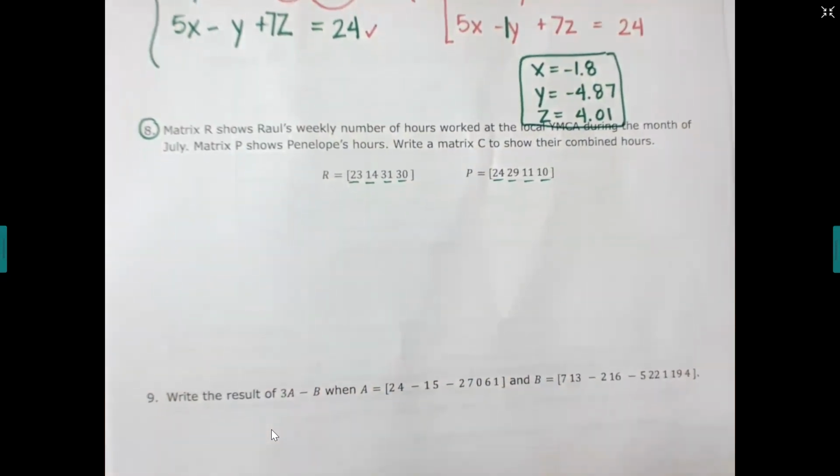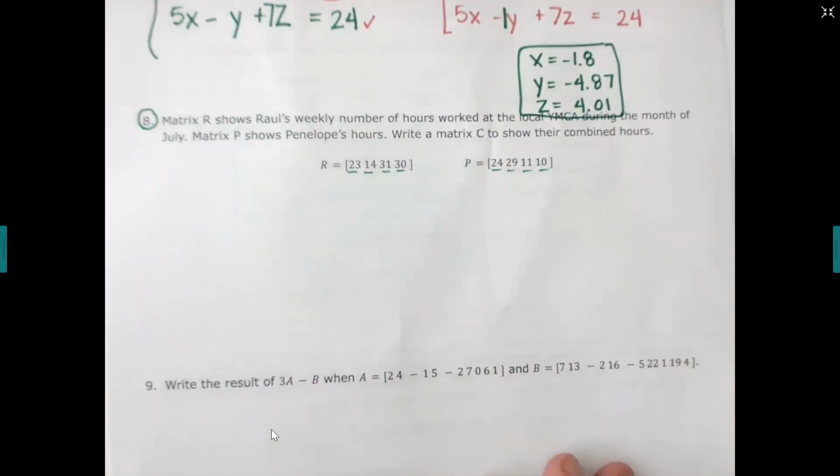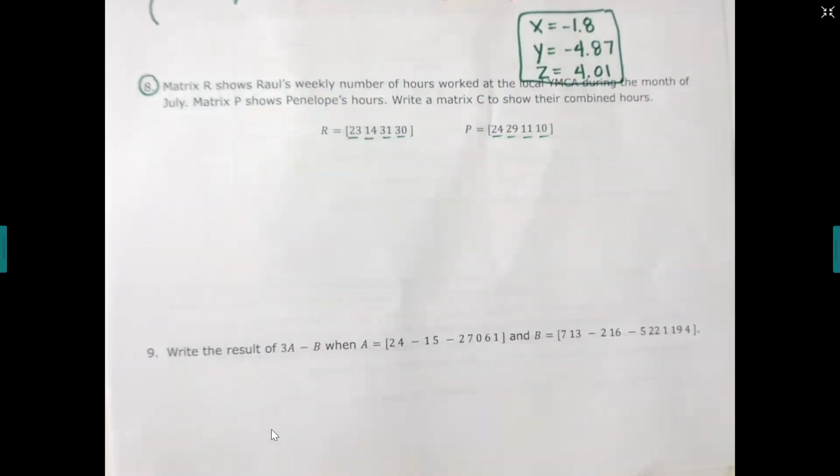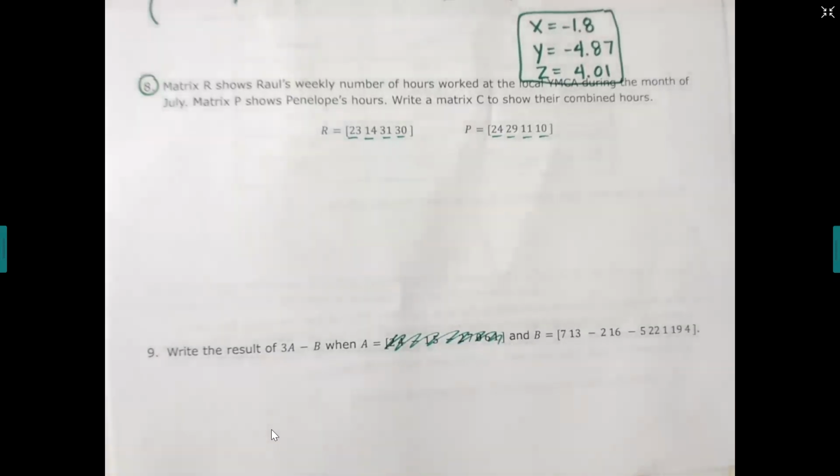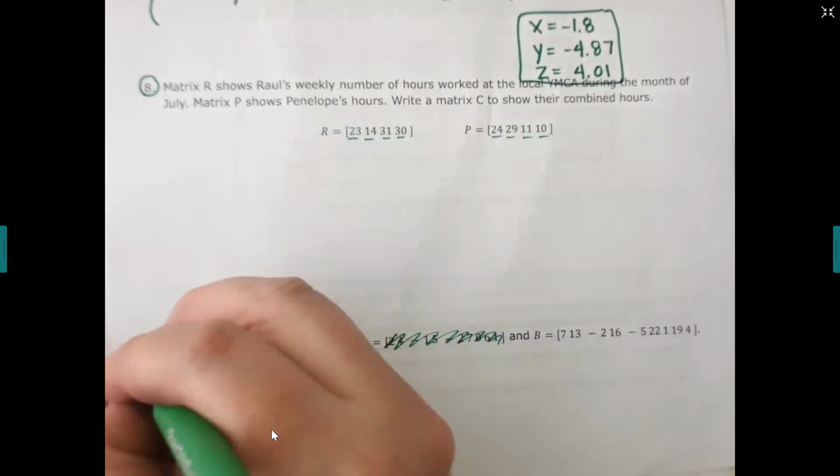Okay, number 9, you can do right now, but we're gonna have to fix your matrix. So for number 9, matrix A should be this. So circle number 9, you can do this one now.